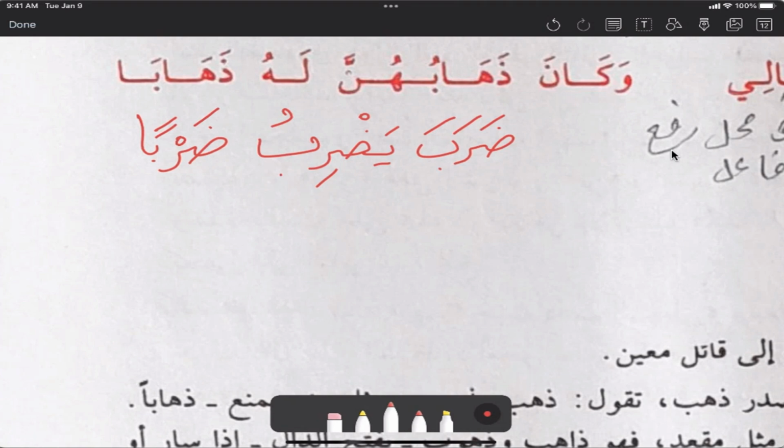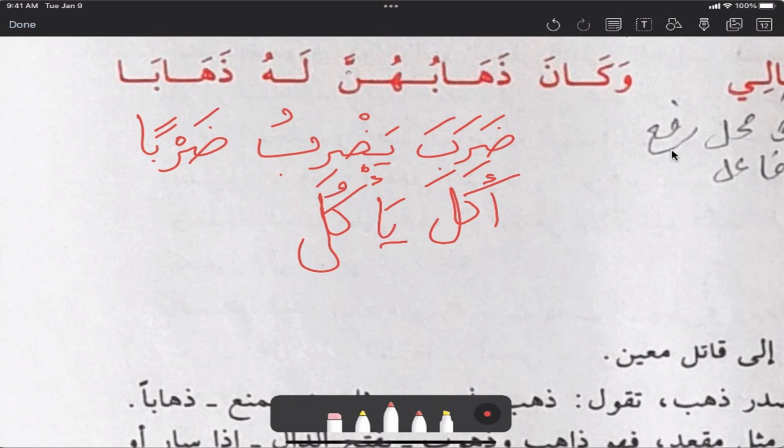So you would say, for example, akala, he ate. Yakulu, he eats. Akla, an eating. Aklan. So akl is the masdar. You say kataba, he wrote. Yaktubu, he writes. Kitabatan, a writing.